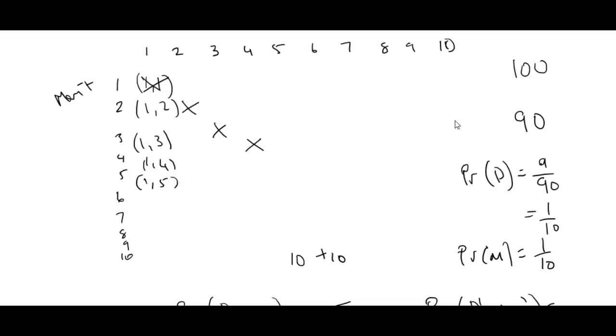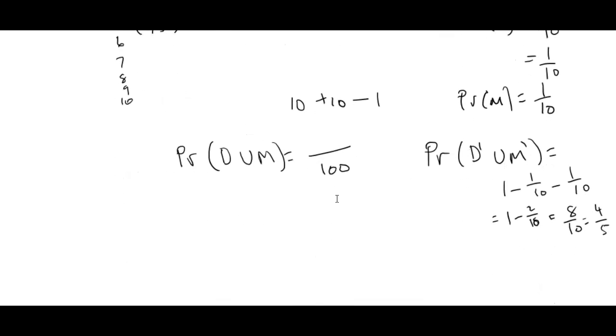But in that 10, I've counted the 1 twice, so I need to take away 1. Okay, so there's 10 possibilities for her having a distinction, 10 possibilities for her having a merit, but when I've added them together, I've added the 1 twice. So I've just got to subtract that 1. So 10 plus 10 is 20, minus 1 is 19. So the probability is 19 over 100.